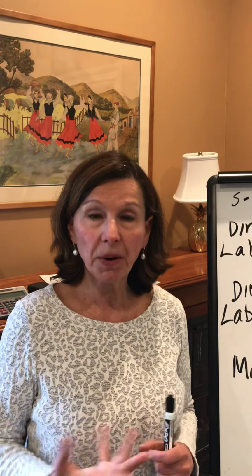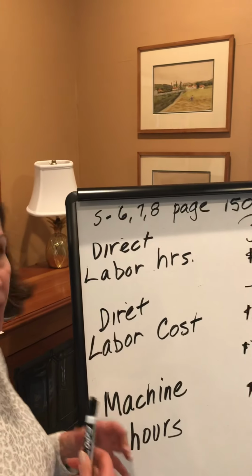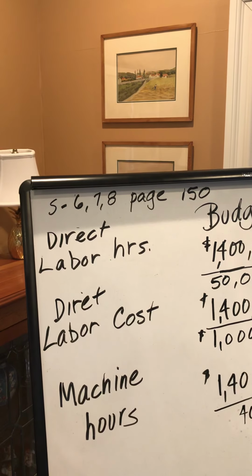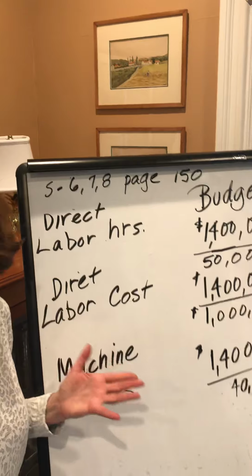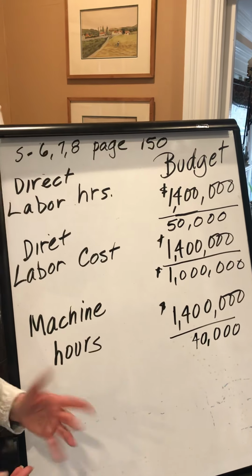So in this problem, which is problem number 6, 7, and 8, a continuous problem, it's on page 150. This company makes swimming pools, and they are custom pools.